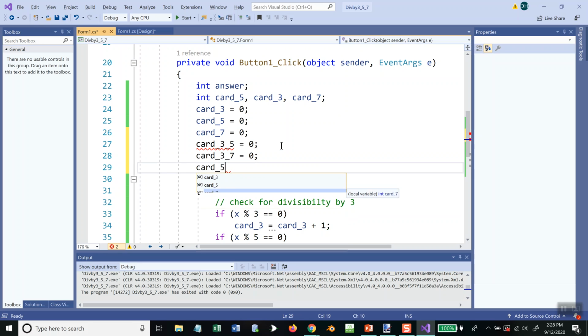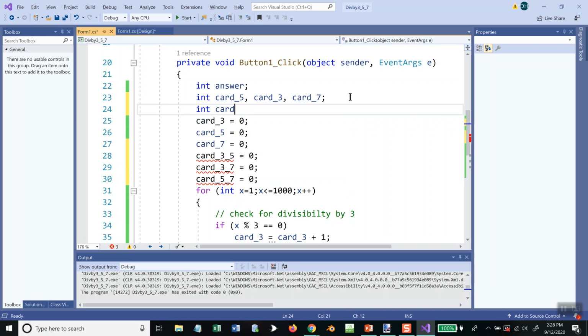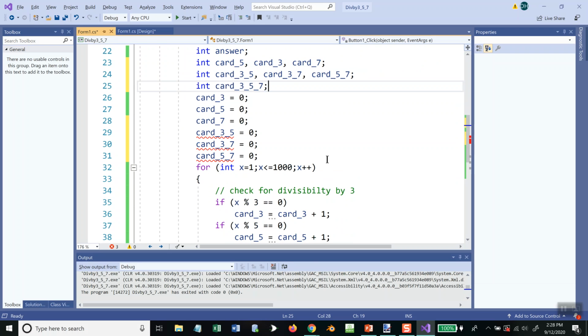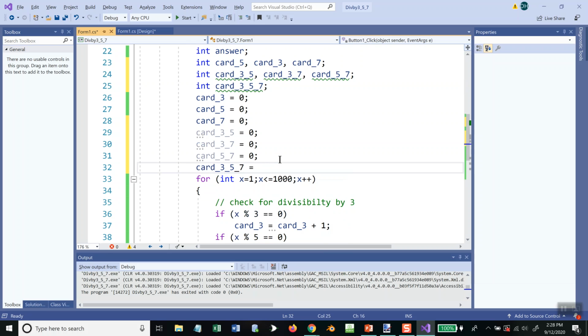Cardinality of 5 and 7 is equal to 0. So better declare them. Card underscore 3, 5, card underscore 3, 7, card underscore 5, 7. And while I'm here, I'll go ahead and put the last one, 3, 5, 7. Initialize that to 0.